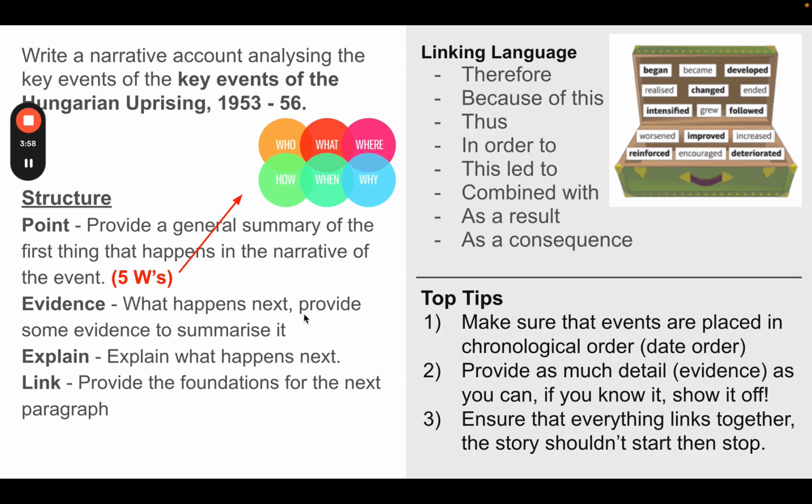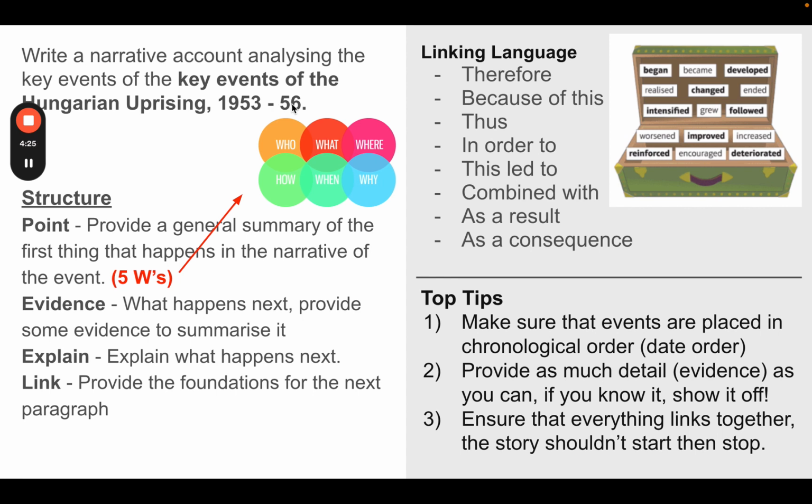Now, we are going to be answering this question. Write a narrative account analyzing the key events of the Hungarian Uprising, 1953 to 1956. Now, when you look at this date here, it is going back 3 years from the event itself. The Hungarian Uprising takes place in 1956.